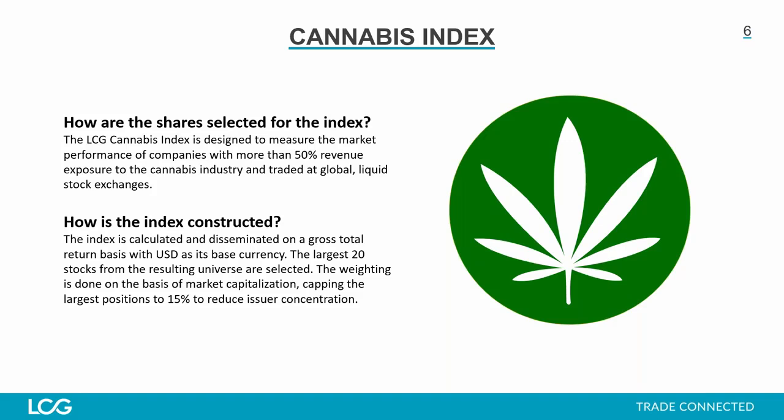So it's the largest 20 stocks. There's a universe of stocks that meet this criteria of being 50% revenue to the cannabis industry and global liquid exchanges, etc. But this index only selects the 20 largest of that universe. So basically the index is actually automatically adjusted to fit the biggest 20 companies.